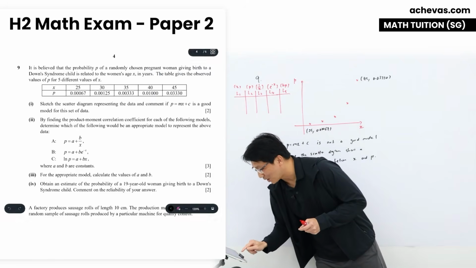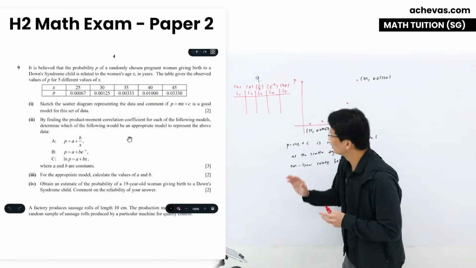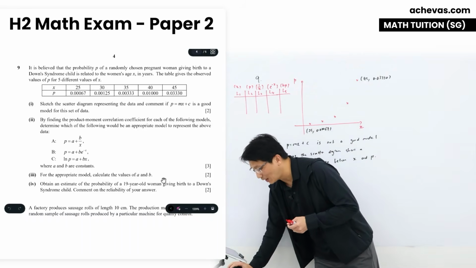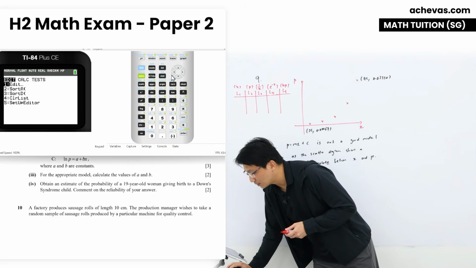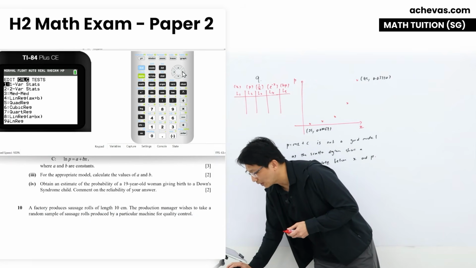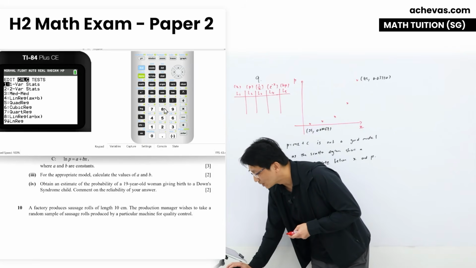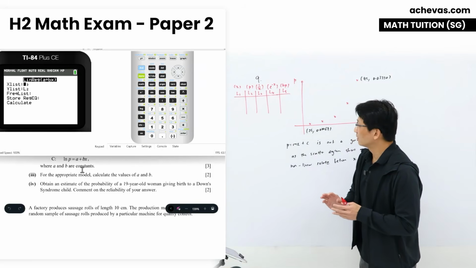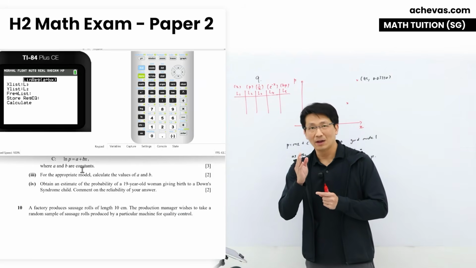Okay, so now we are going to find the PMCC, which is the product moment correlation coefficient for each of them. How I'm going to find it? For example, for model A, we are going to go to stats, then calculate. We are going to use option number 8, although option number 4 is also fine. Let's choose option number 8. The first model, I want to have a 1 over x and the p.